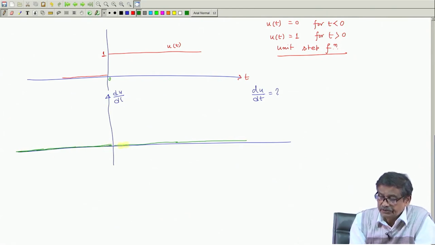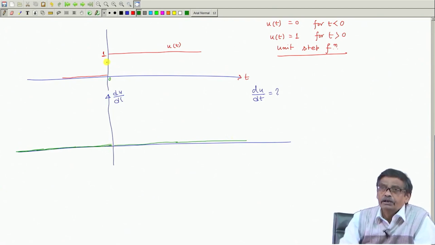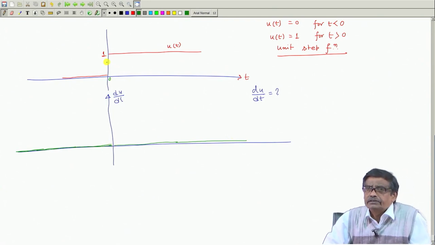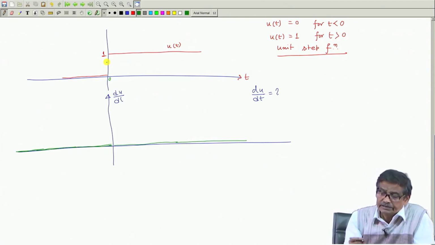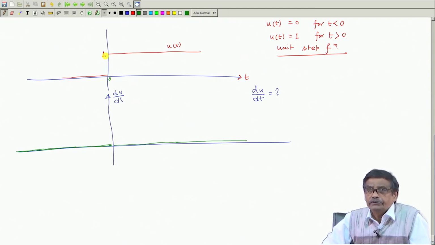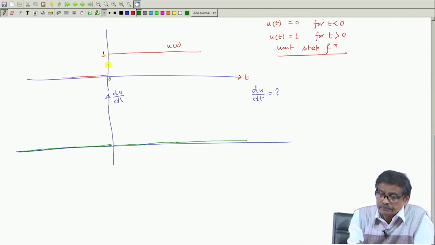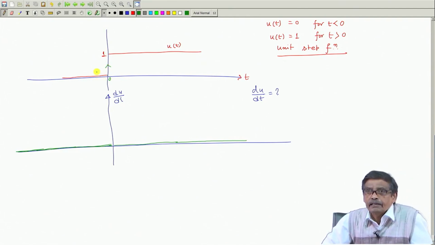So, this is 0, 0, and about this point we will say, okay, it has got a discontinuity, because the jump from 0 to 1 means it is a discontinuity. From this value 0 to 1, this jump has taken place in no time.